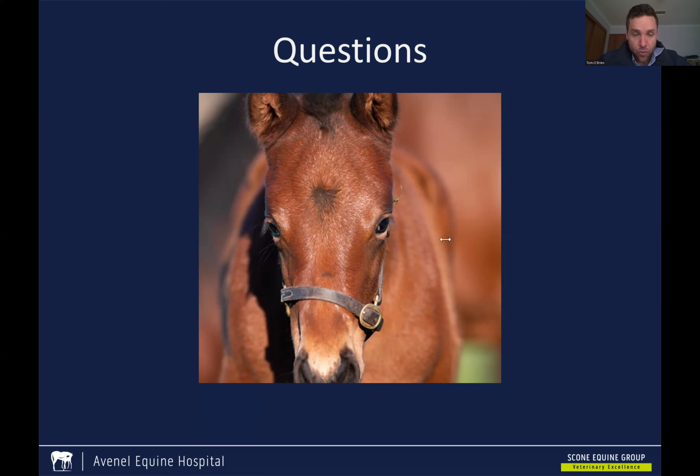So would it ever be sound? Yes, in some cases you can, if you manage that case appropriately such that it doesn't develop any long-term or permanent injuries to those bones.